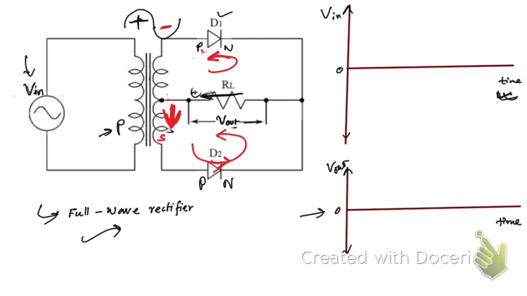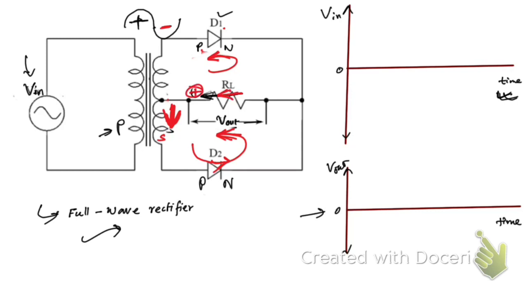So this time the upper one doesn't let the current pass through it. In this case also you can see the current will be in the same positive direction.